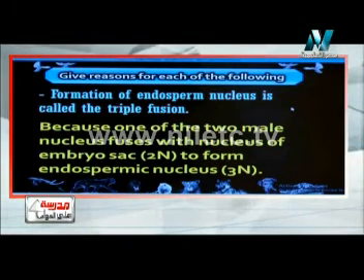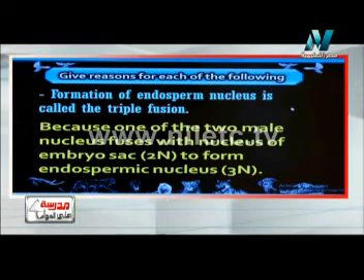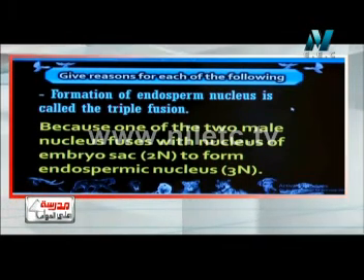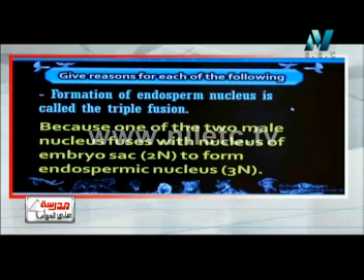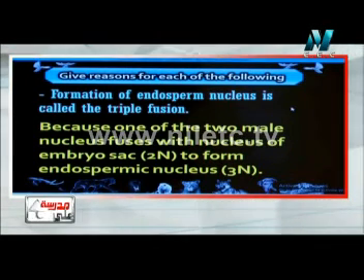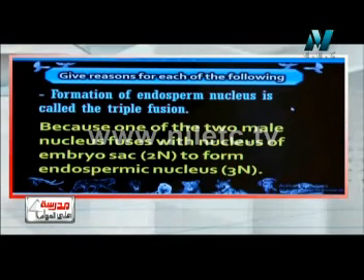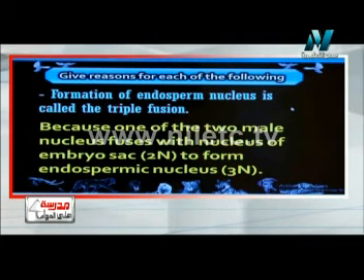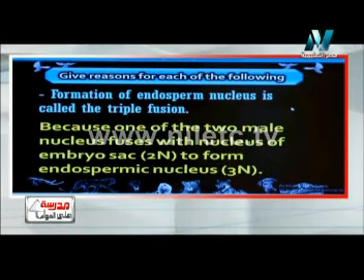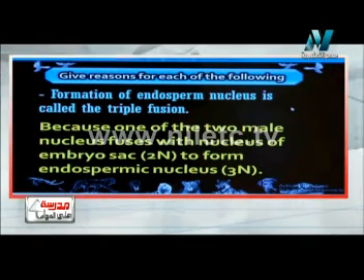This acts as food to help the embryo feed. We remember that seeds are divided according to the presence of endosperm into two types. The first is endospermic seeds, which contain endosperm as in the monocot, and the second is ex-endospermic seeds, where the embryo consumes all the endosperm inside the seed.